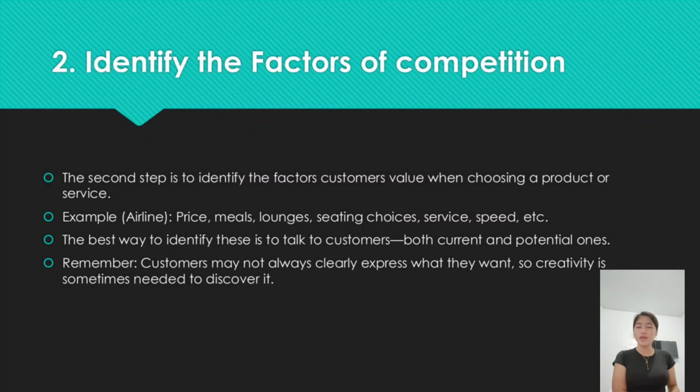For example, in smartphones, people care about battery life, camera quality, storage, and brand reputation. Companies like Samsung and Apple use these factors to design their products. This is how they convince the customer.